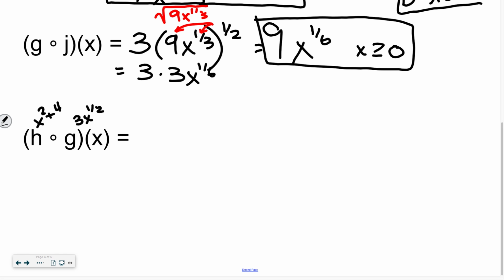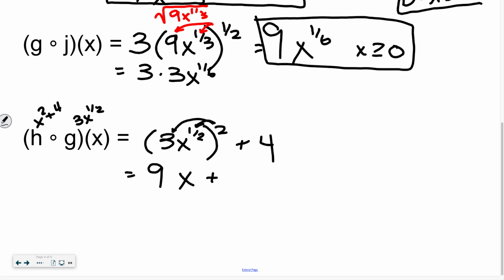Substitution. So that's going to be 3x to the 1/2, squared, plus 4. How do I simplify that? Multiply this, so that's going to give me x to the first. Also, it is 3 squared, which is 9.